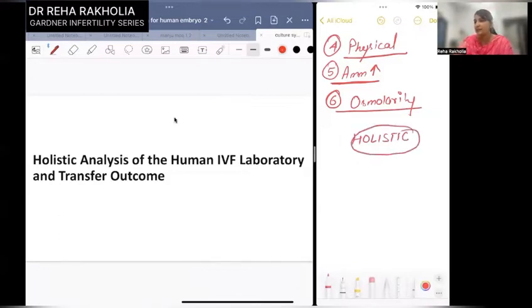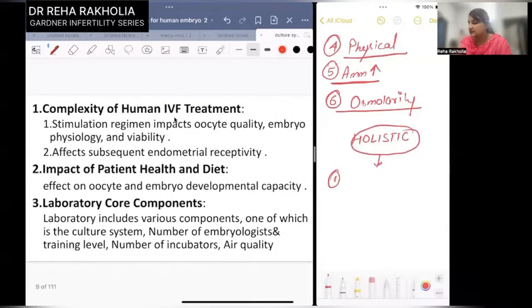Analysis of the IVF laboratory. First is simplistic assumption. We think that things are very simple, but they are not. Like, we think if we change one part, like the culture media, that will mimic a laboratory in which results are good. But it is not like that.